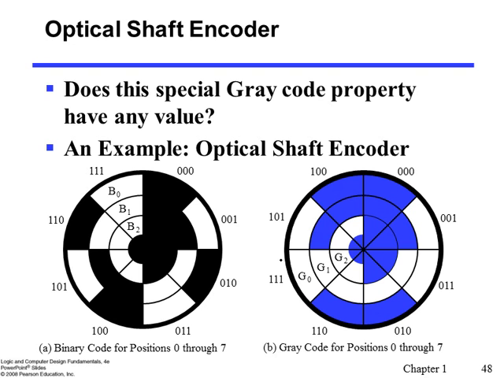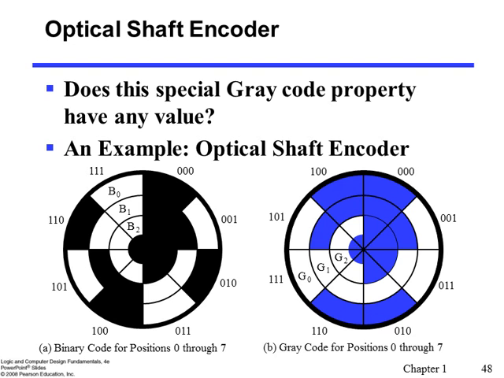But if you use gray code, 0 is 000, 1 is 001, 2 is 011, and 3 is 010, and so on. Then the gray code for the optical shaft is something like this.